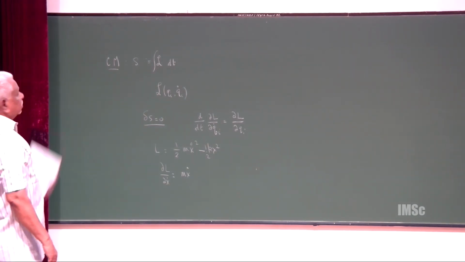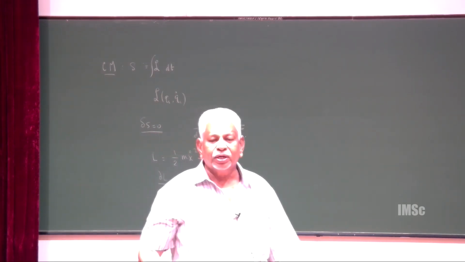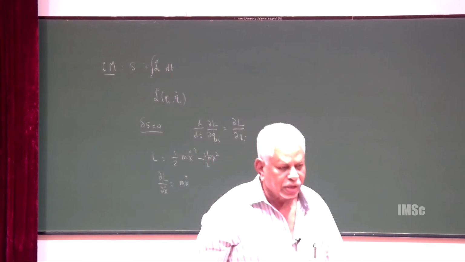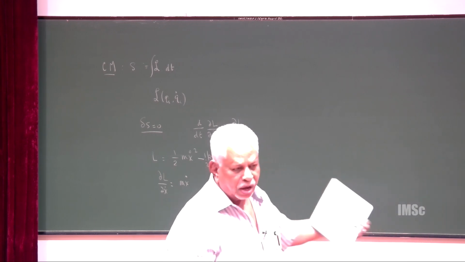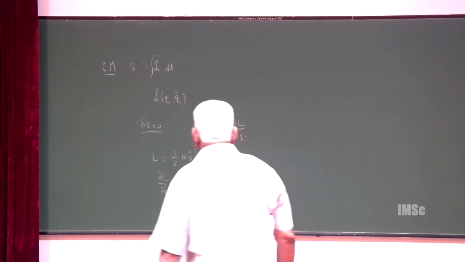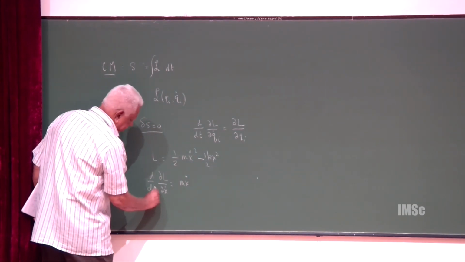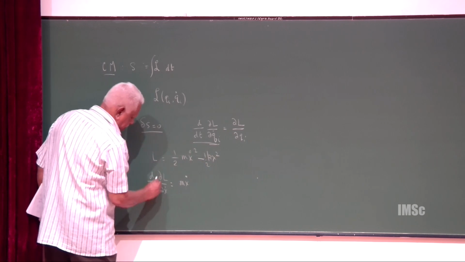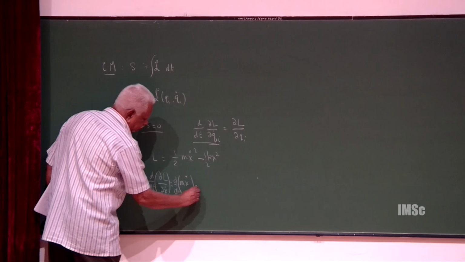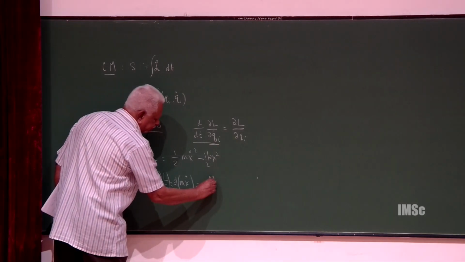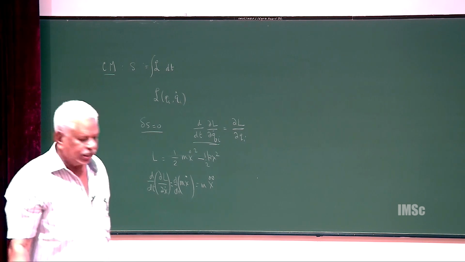Okay. So that is simple. I have not done anything. If I differentiate half m x dot square with respect to x dot, I get 2 m x dot, and the half cancels, giving m x dot. Then d by dt of this is m x double dot, where double dot means two derivatives, d square x by dt square.